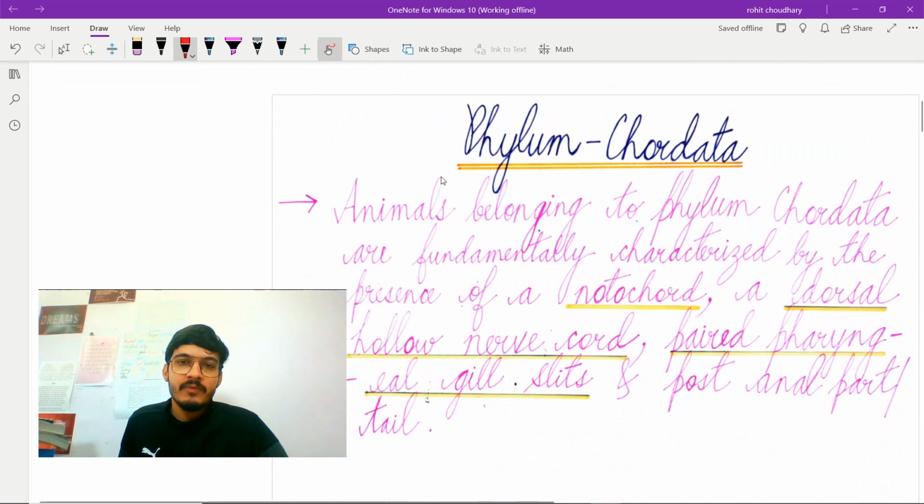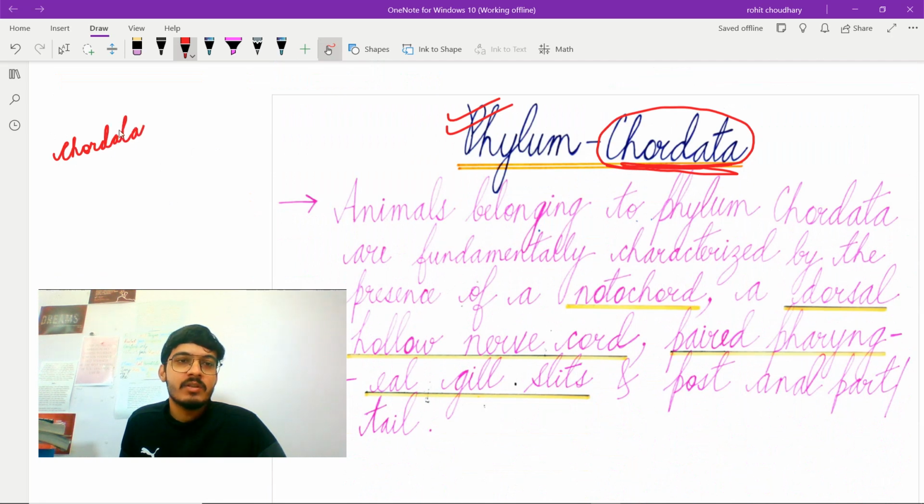Phylum Chordata. First of all, we should know why the phylum is named Chordata, and the meaning of this term. Chordata is derived from two words of the Greek language. The first one is chorda and the second one is eta.